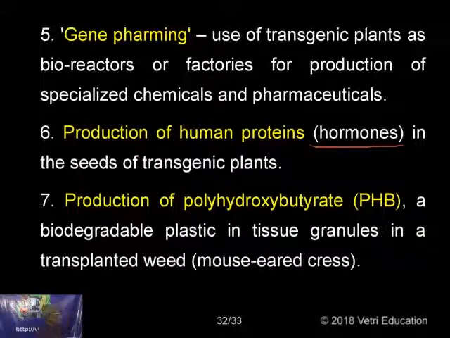In the seeds of transgenic plants, production of polyhydroxybutyrate, a biodegradable plastic, in the mouse-eared cress. So these are areas where you are introducing a compound into the system or into nature, replacing the already existing ones which are detrimental to humans.